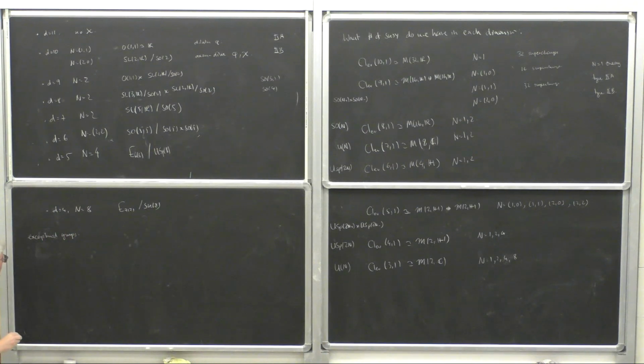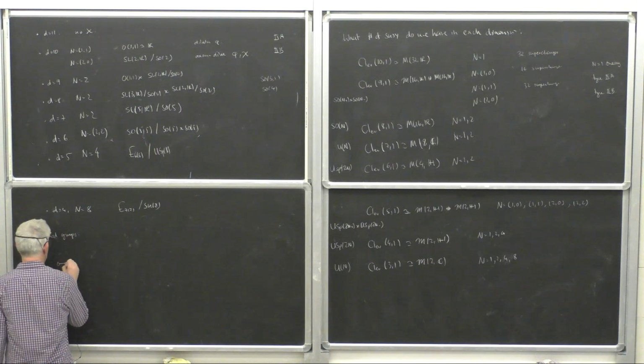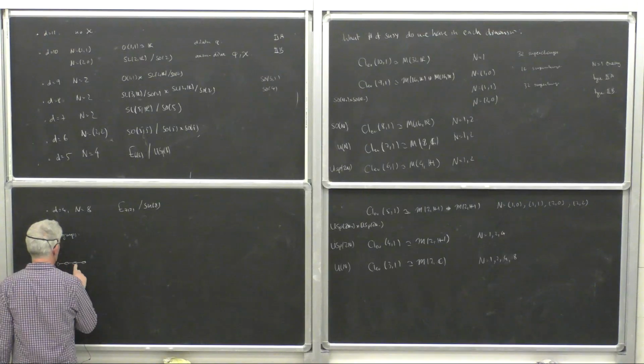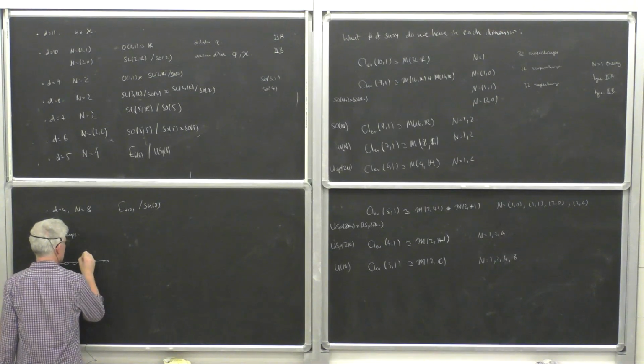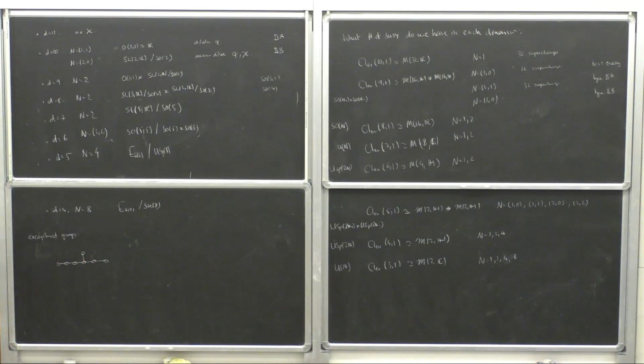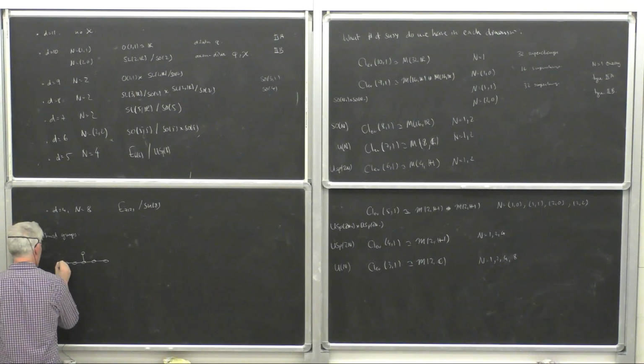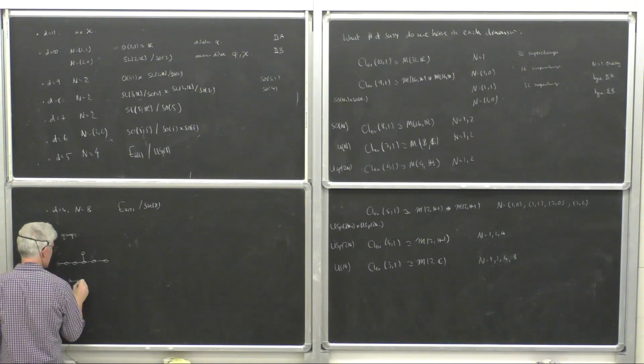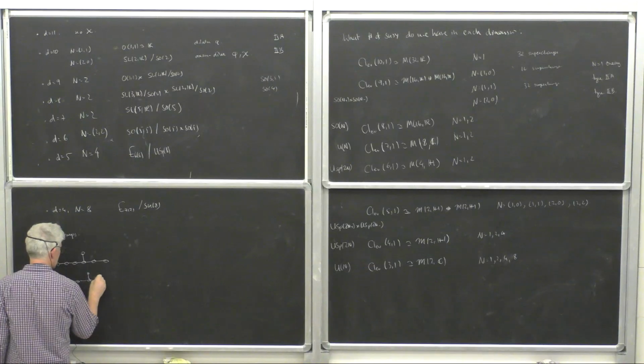So if you know your Dynkin diagrams, I don't know if that means anything to you, but that's the Dynkin diagram of E7. And if I do E6, I cross off that node and I get that Dynkin diagram.